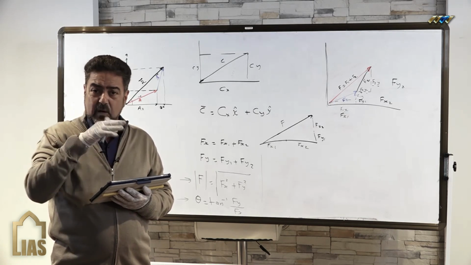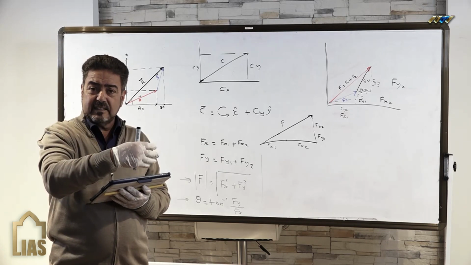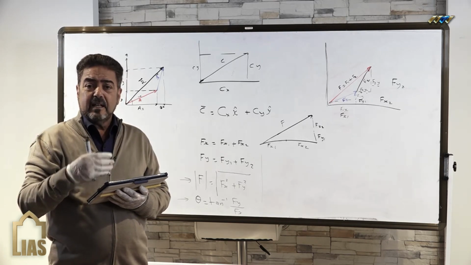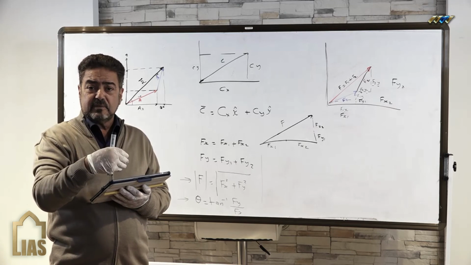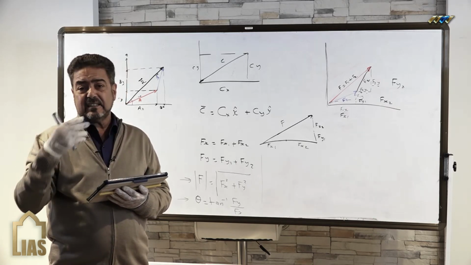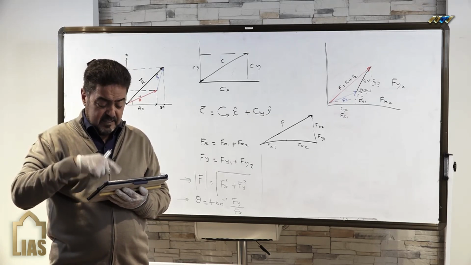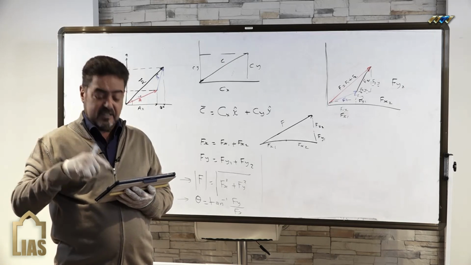Then you have the values in x and the values in y. Square root of square of x and square of y is the value. Theta is tan minus 1, the value in y over the value in x. All the vectors in this way.